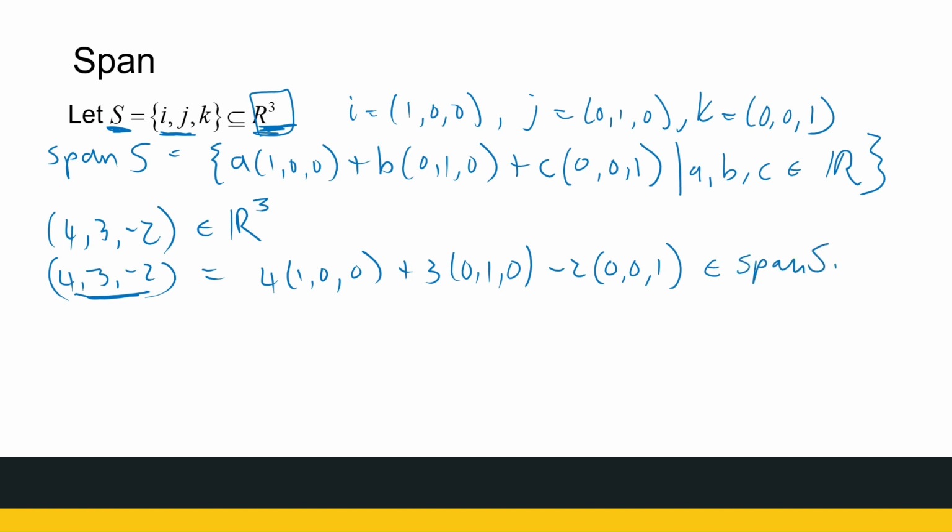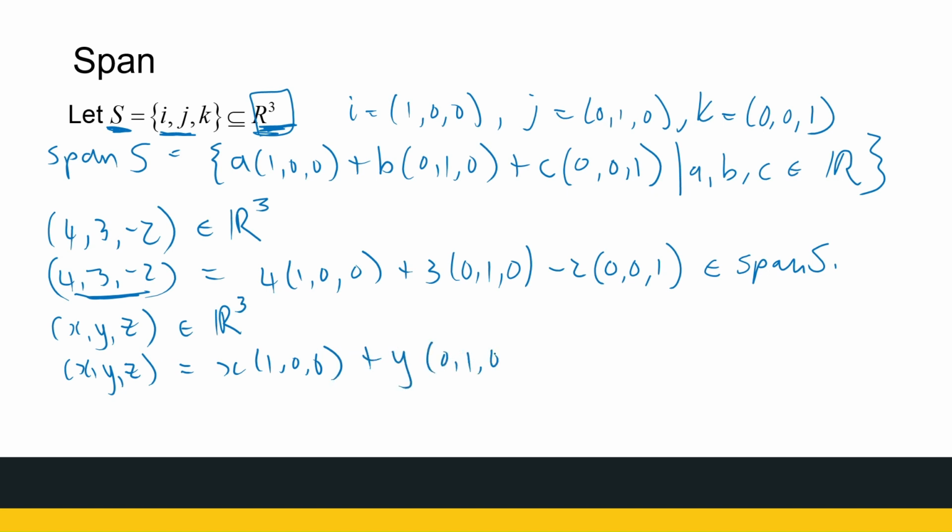But now the question is, can any element of R3, so let's take X, Y, Z, that's an element of R3. We're not saying what X, Y, and Z are. Can I write it as a linear combination of elements from S? Yes, we can, because X, Y, and Z are all real numbers, and X, Y, Z is equal to X times 1, 0, 0, plus Y times 0, 1, 0, plus Z times 0, 0, 1, where X, Y, and Z are real numbers.